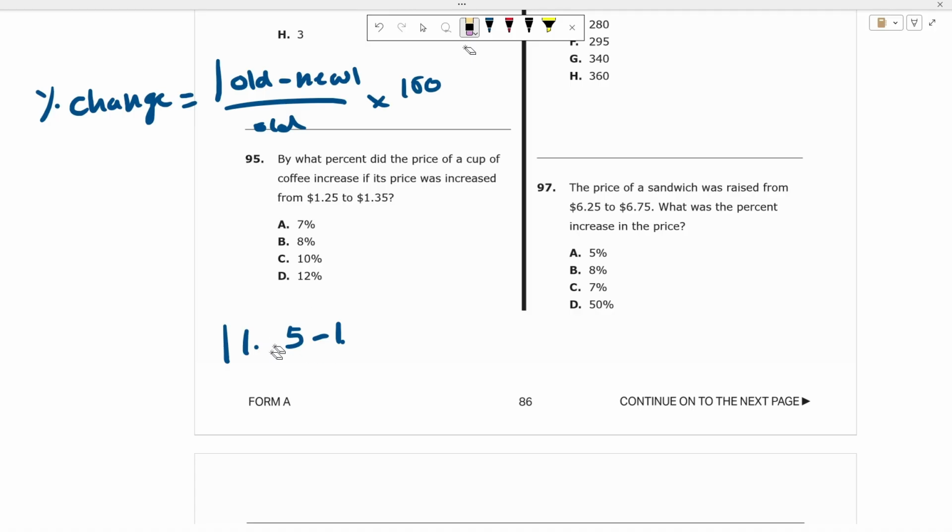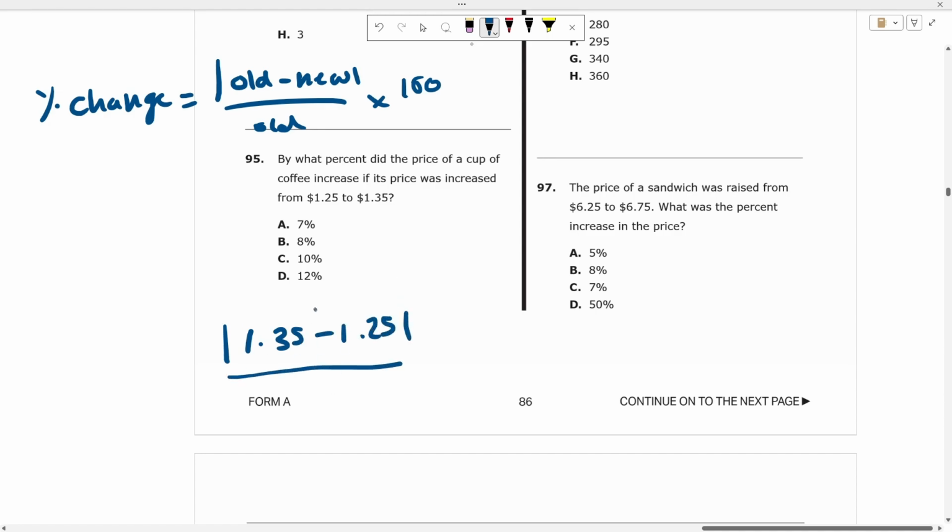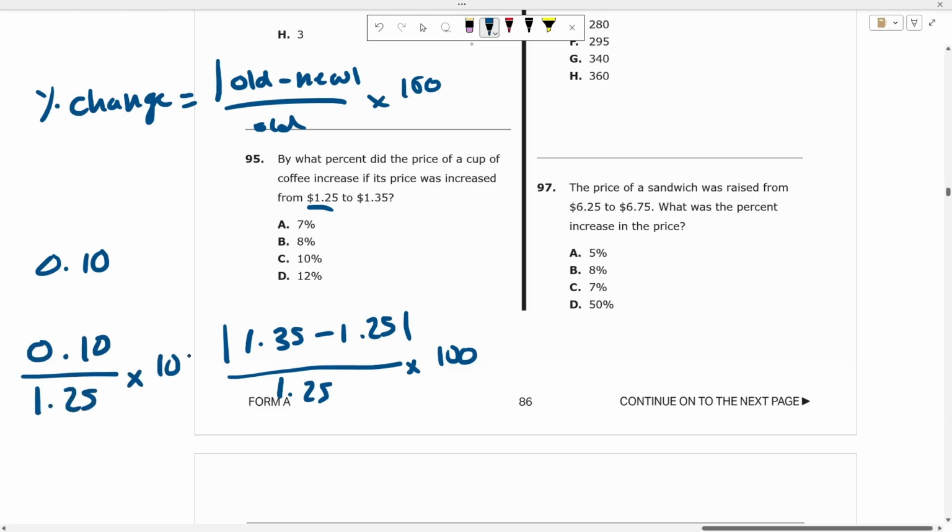It doesn't really matter because we have the absolute value there. But we have to do 1.35 minus 1.25 divided by my old price, which was 1.25, and multiply it by 100. So I'm taking the absolute value of 0.10, dividing that by 1.25 and multiplying it by 100. And this is going to give us the percent increase for this problem.